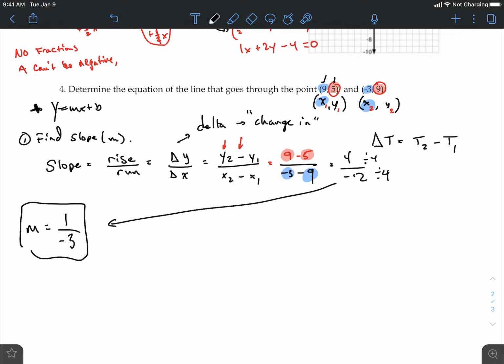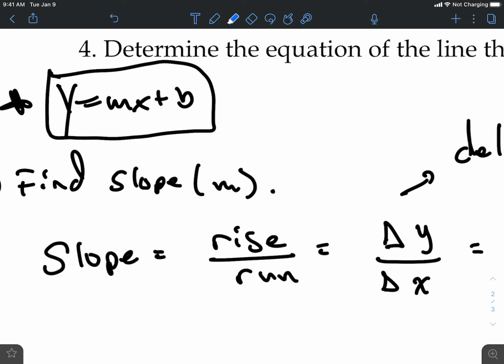So when I tell you to do something, I'm not doing it just because. Here's what I would do with these questions. If we revisit our equation here, look at all the things that I need to know in there. I need to know y, I don't know. m, I just found it, which is good.